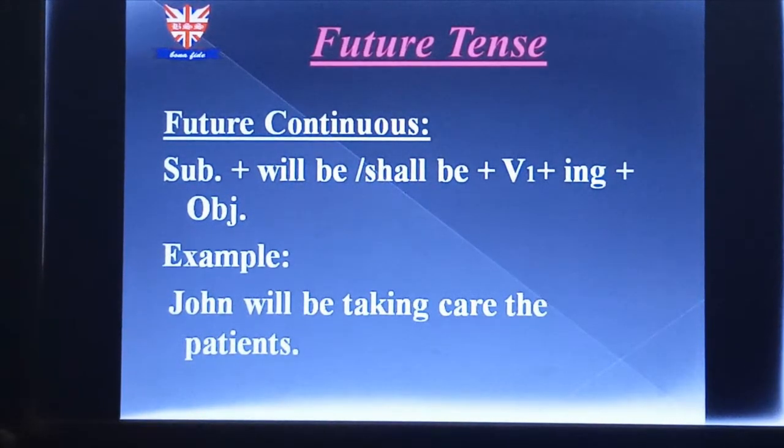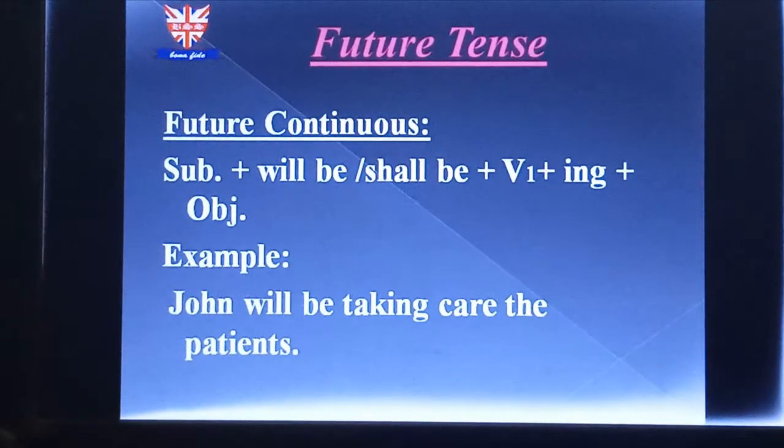Will be, that I have taken from the structure. Taking care, here I am adding ing with take, that has become taking care. That's also part of verb. Taking care is working as a verb and my object is the patients. So John will be taking care of the patients.